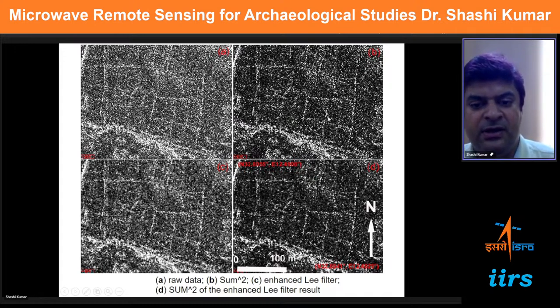When the sum of squares was implemented here, the boundary is enhanced, and when filtering was implemented, a kind of smoothing occurred, but the boundary information could be easily seen. Similarly, this is the enhanced Lee filter of image B. Here also a kind of smoothing is done, but we are still able to identify the boundaries.